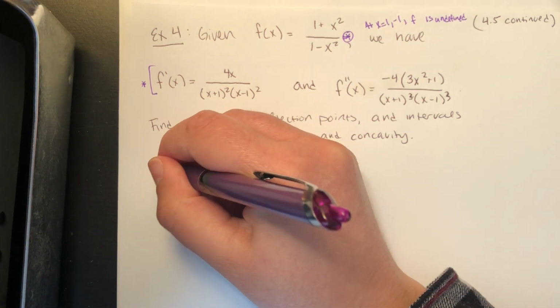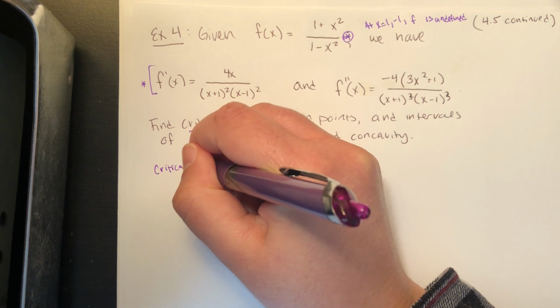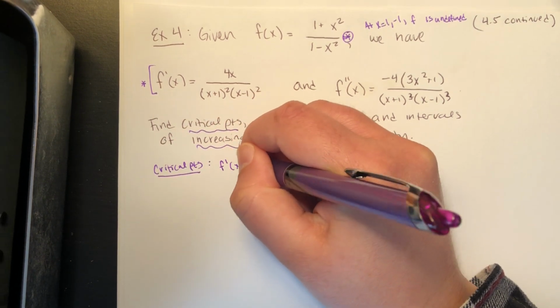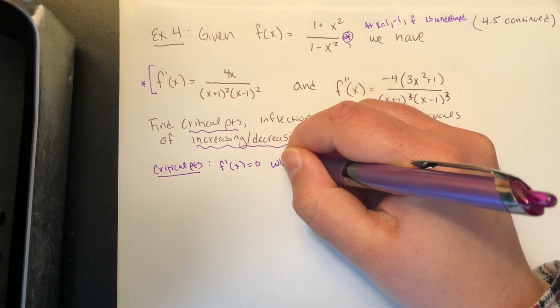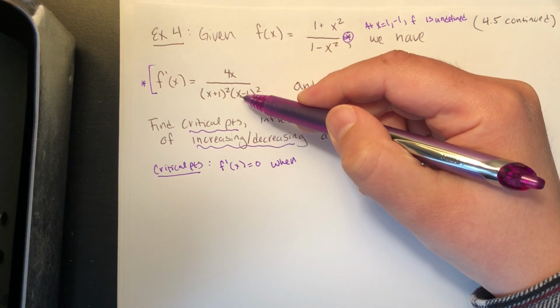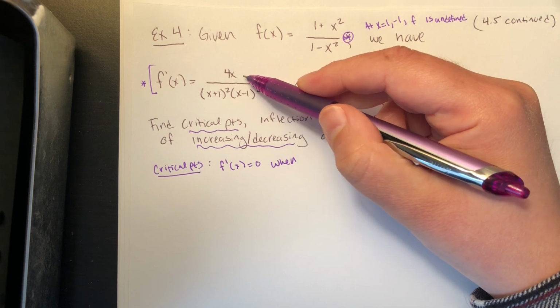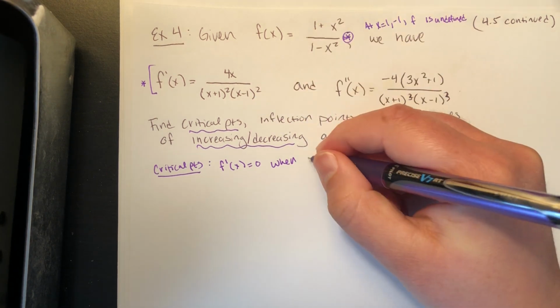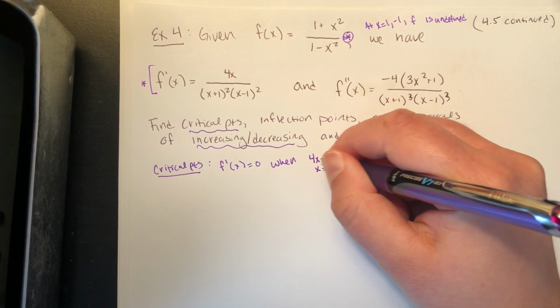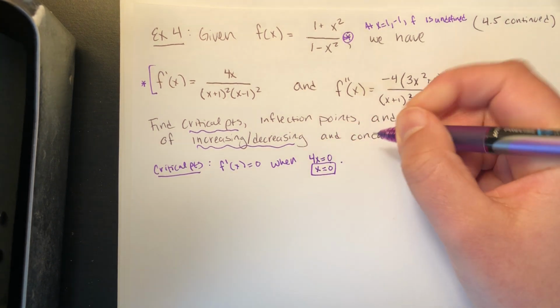So note that for critical points, f prime of x is only going to equal 0 when the numerator of this whole function is equal to 0. Fractions only equal 0 when the numerator equals 0. So when 4x is equal to 0, which is when x is equal to 0. So x equals 0 is your critical point.